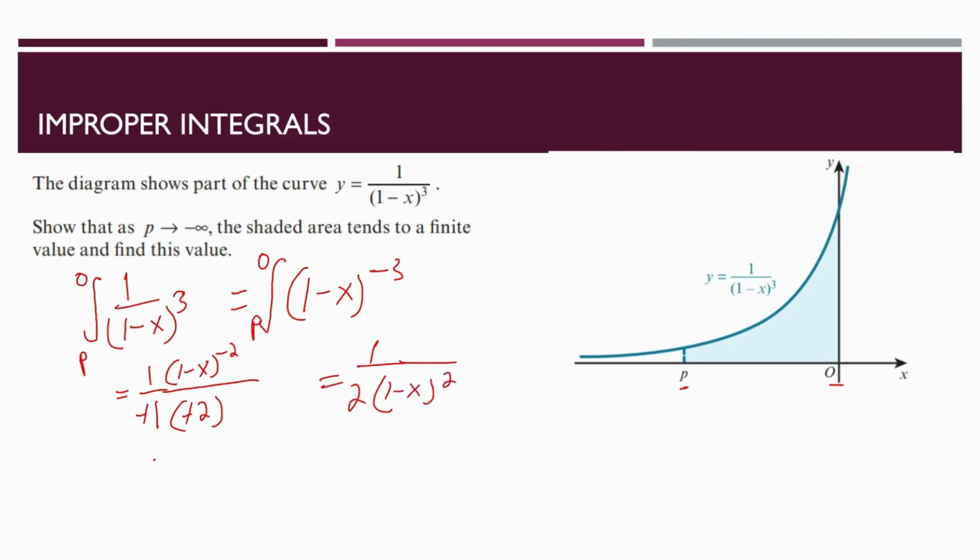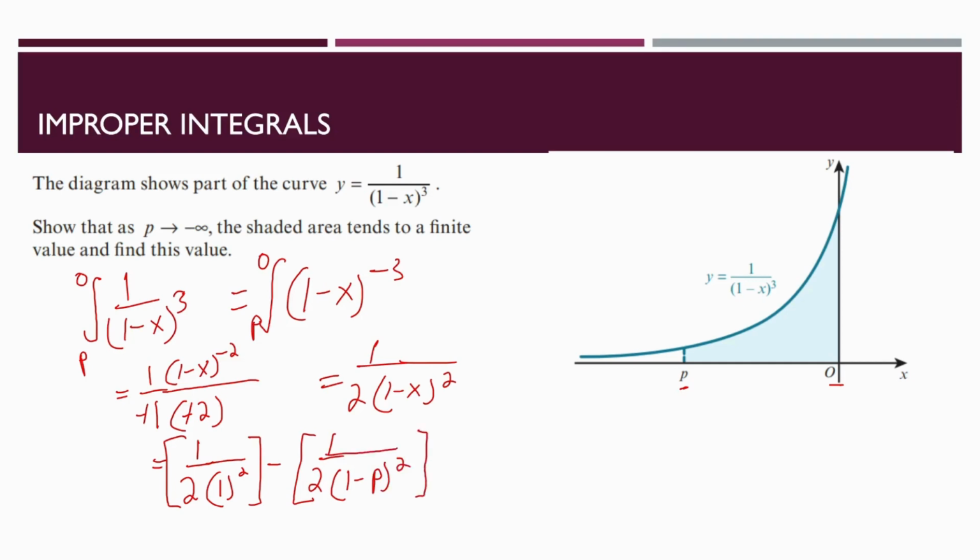Alright, so now we just have to apply the limits, which were p and 0. So first we have to apply 0 as it is the greater limit. So 1 over 2, 1 minus 0 is just 1, so 1 squared, which is just 1 over 2, minus, and now we are going to use p. So 1 over 2 into (1 minus p) squared.